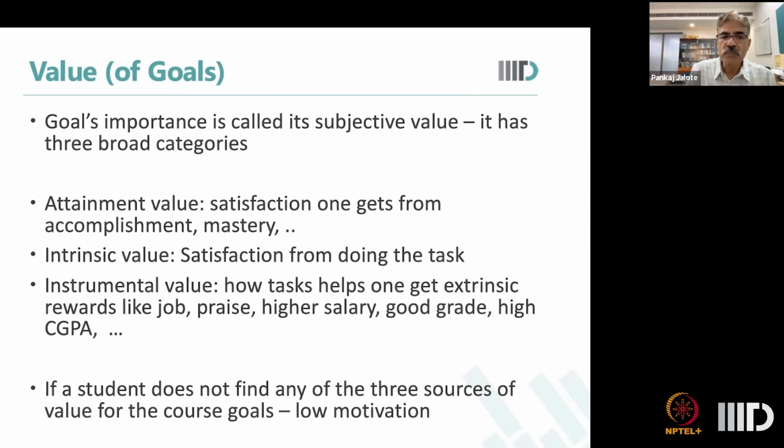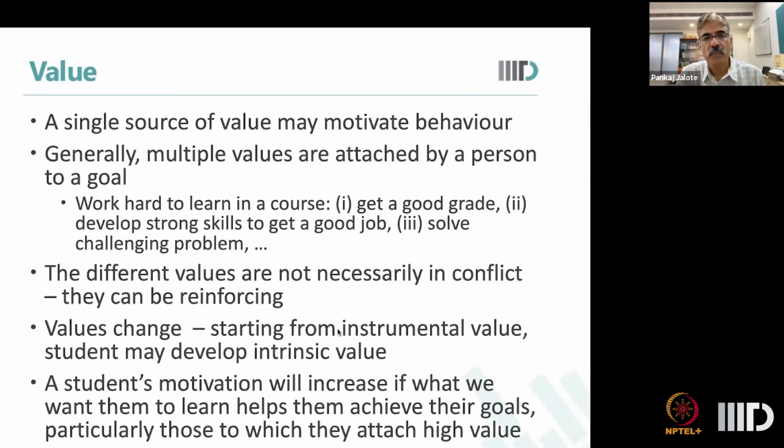So we have to understand somewhat about our students. And we have to show them what values they can expect, one of these three types, or a combination. Okay. Generally, multiple values are attached by a person to a goal, right? So for example, and again, the same theme, a student will work hard to learn in a course because they're attaching value.